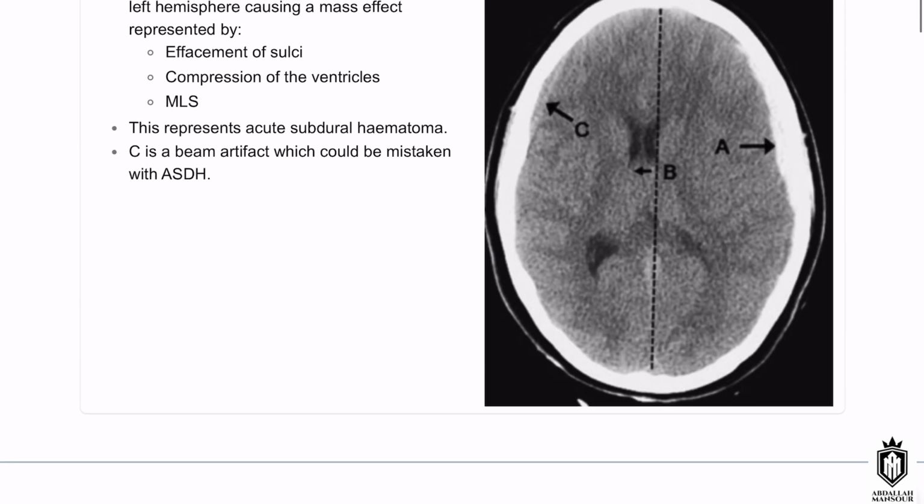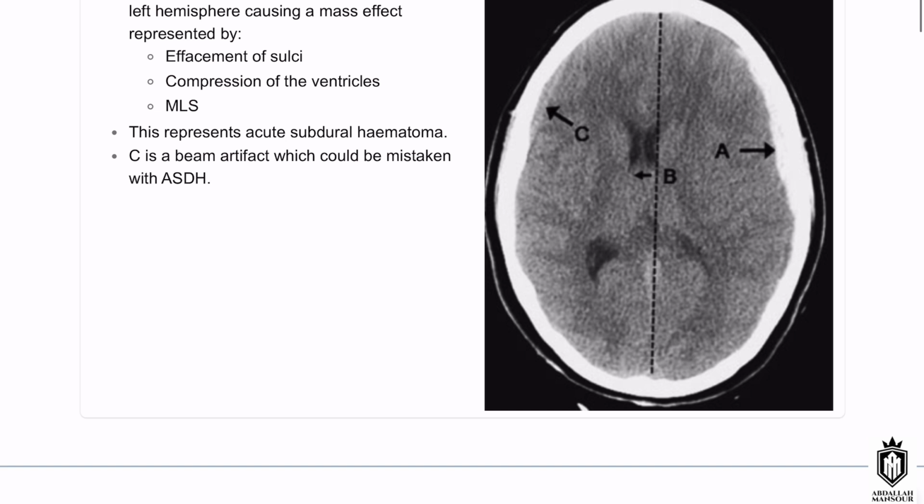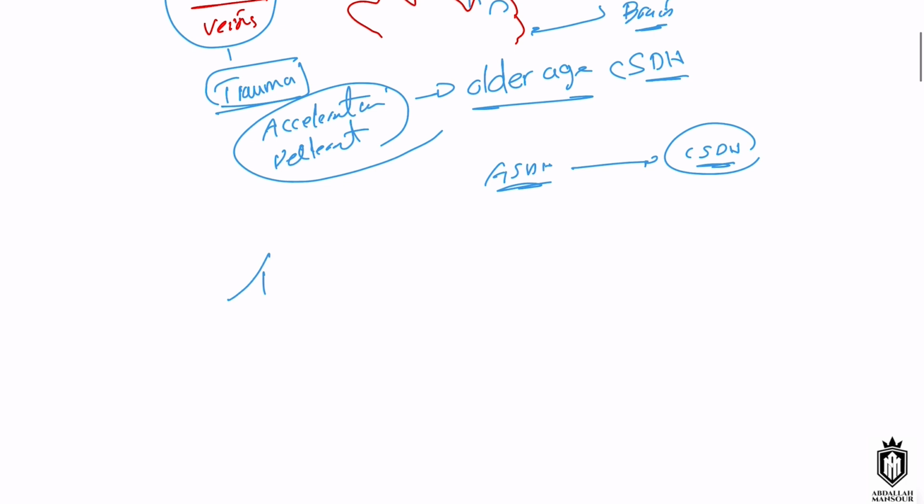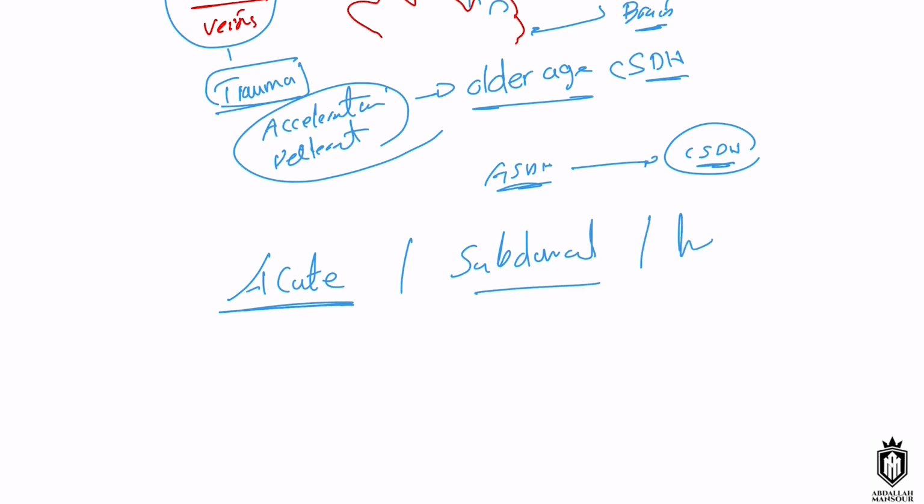So on a CT scan, an acute subdural hematoma, obviously it is acute, so that means it will appear to be hyperdense. That's the first bit of it. If you can classify it here, it is called acute, and then it is a subdural, and thirdly, it's a hematoma.